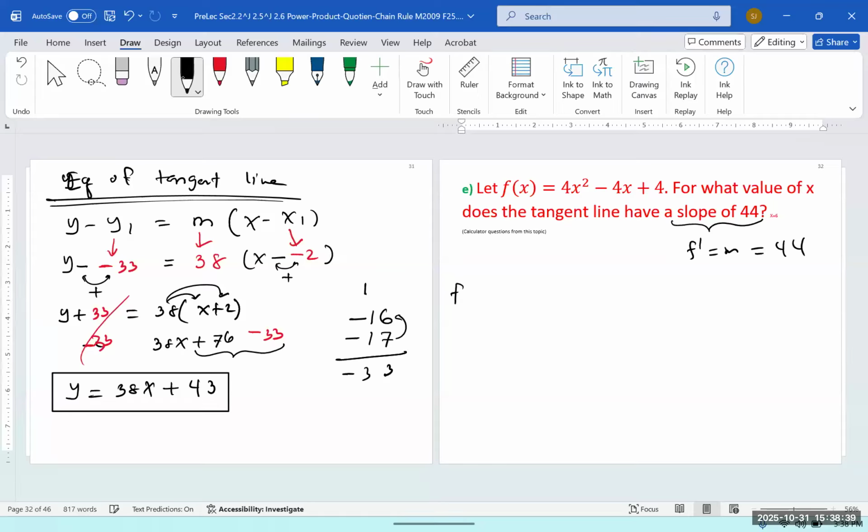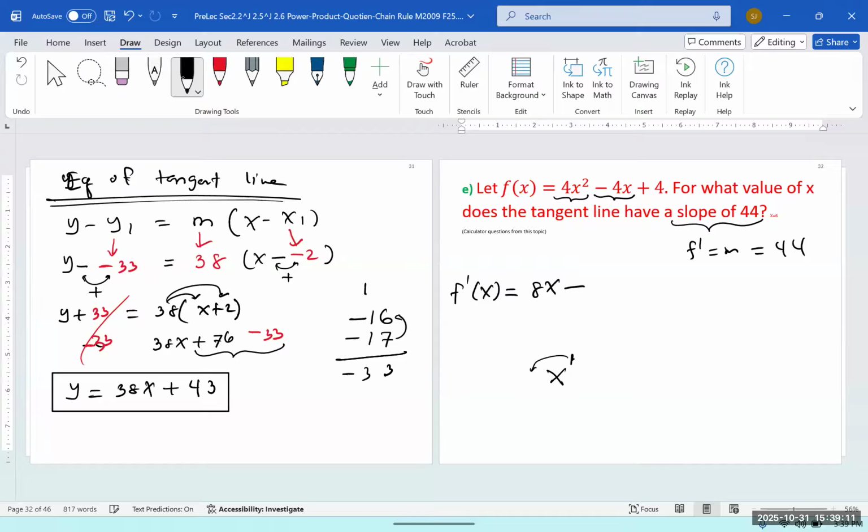So, the derivative. What's the derivative of 4x squared? 8x. What's the derivative of negative 4x? Do you know what's the derivative of x? x is to the power 1, right?